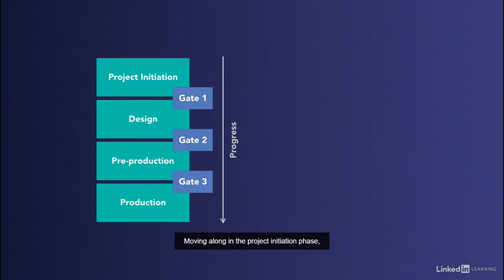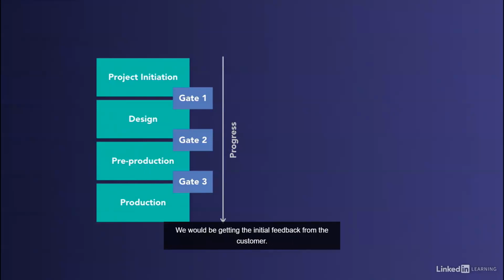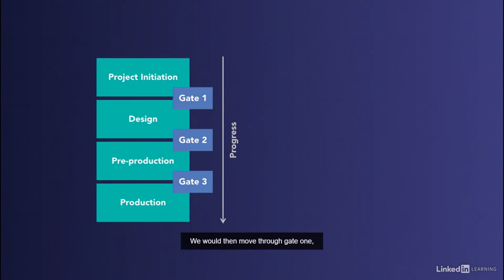In the project initiation phase, we would be capturing the requirements, doing all the legal requirements to make the project initiate. We would be getting the initial feedback from the customer. We'd, of course, be mobilizing the team. We would then move through gate 1, where we determine whether or not to move forward with the project. Assuming we do move forward, we move on to design, where again we'd do all the design work, move through gate 2, and ultimately through production.